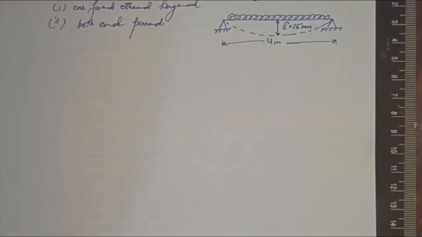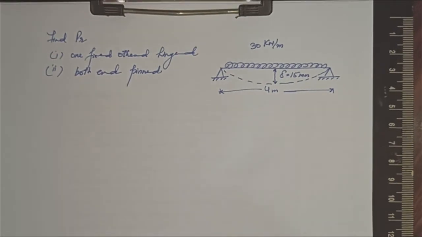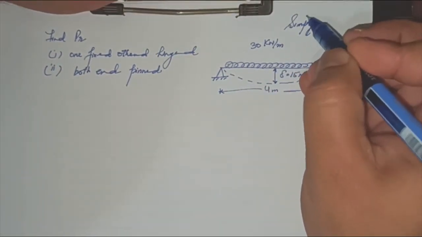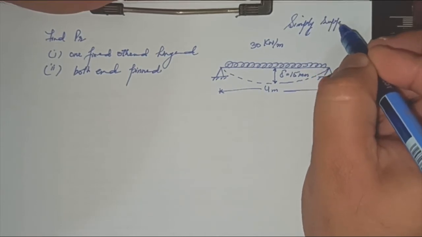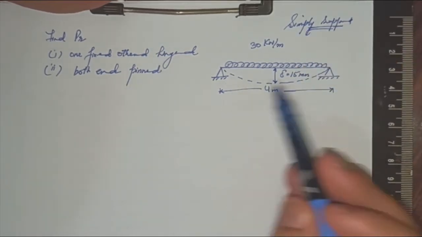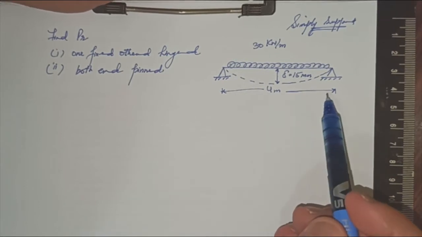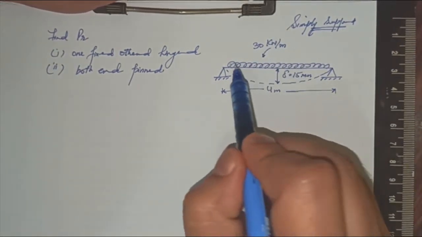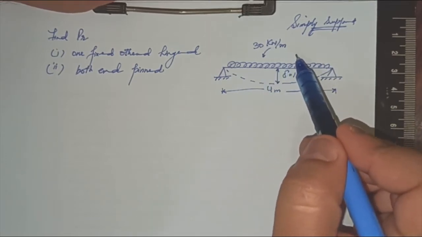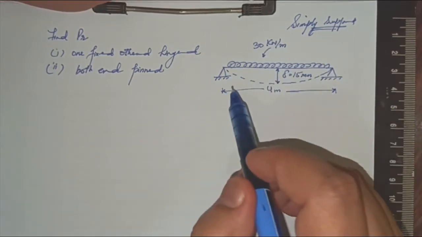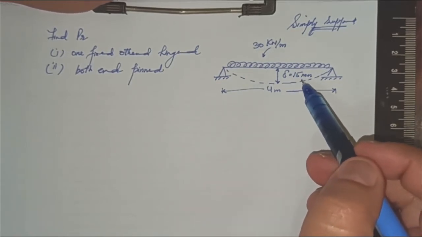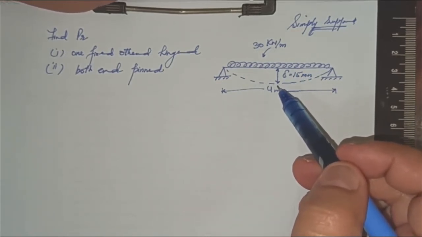So now consider this example. This is an example of a simply supported beam. This is a beam of length 4 meters, carrying a UDL of 30 kilonewtons per meter over the whole span, and it produces a central deflection of 15 mm at the center.